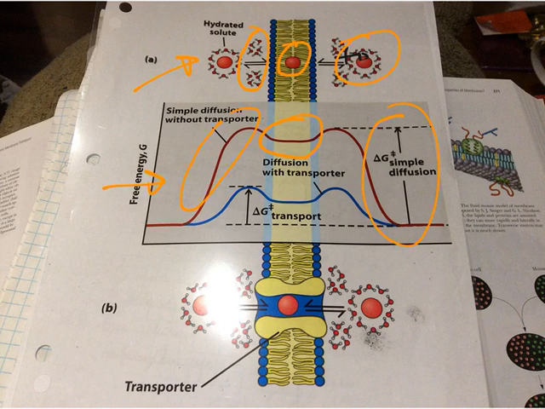So now you can see that we still have this process where we have to desolvate our polar solute, down here in part B, and then resolvate it at the end. But now we've got a protein molecule that's lined with hydrophilic amino acids in the middle that can interact with our polar solute, so that's a good thing.